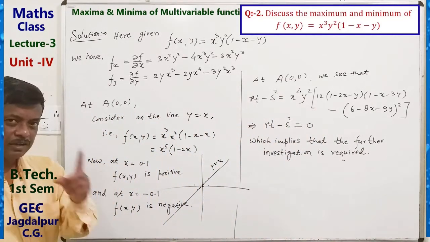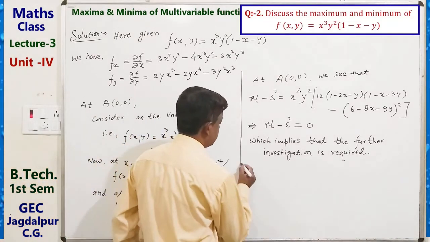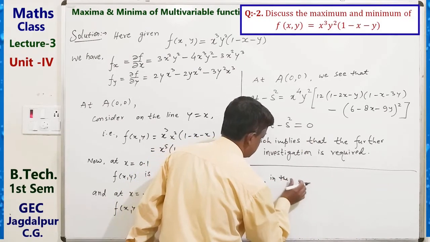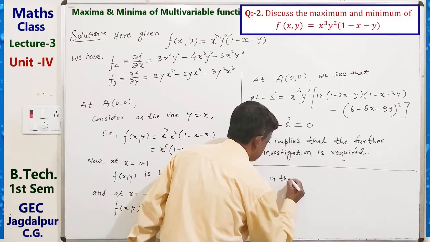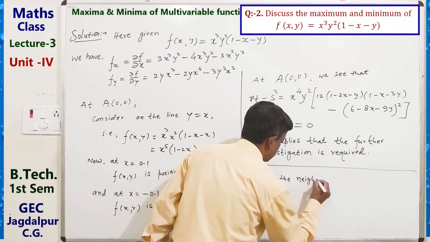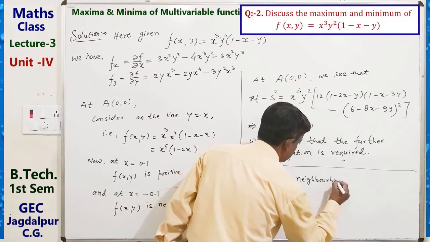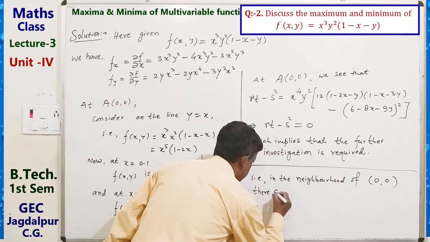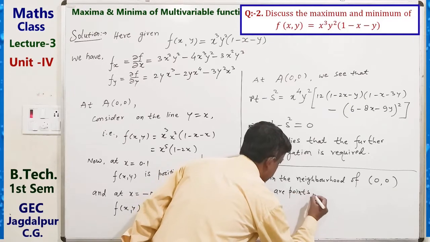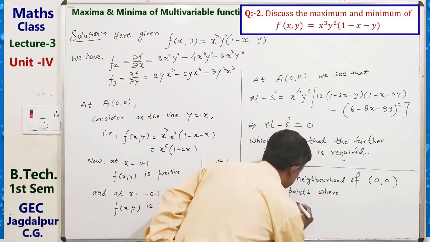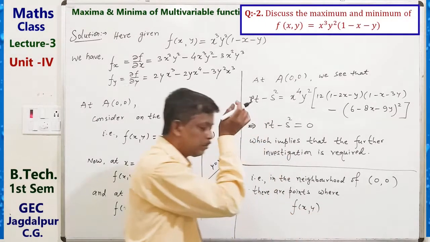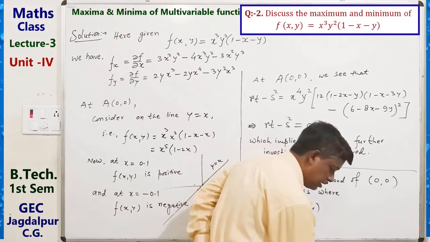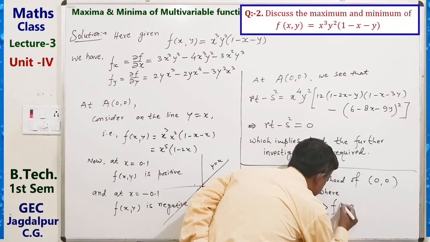That means, in the neighborhood of 0, 0, there are points where f(x, y) is positive, so f(x, y) is greater than f(0, 0).